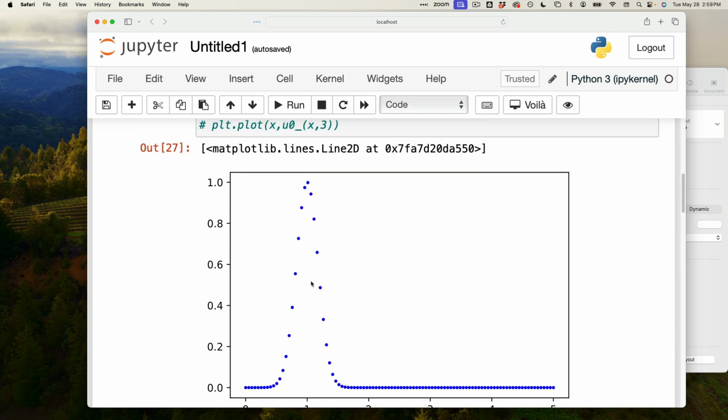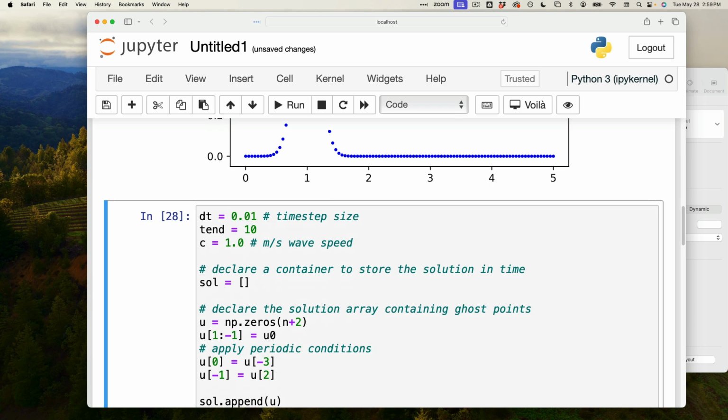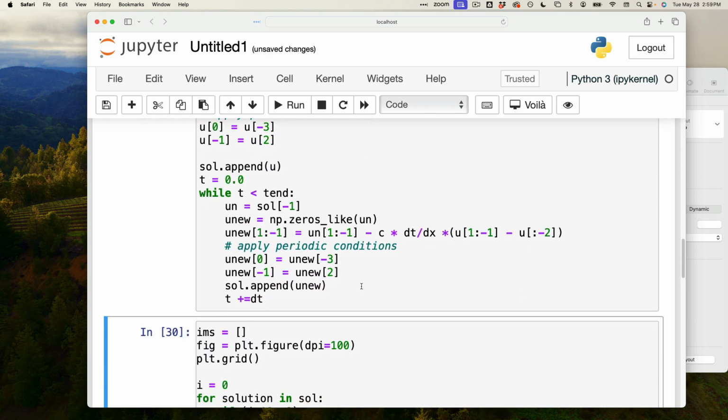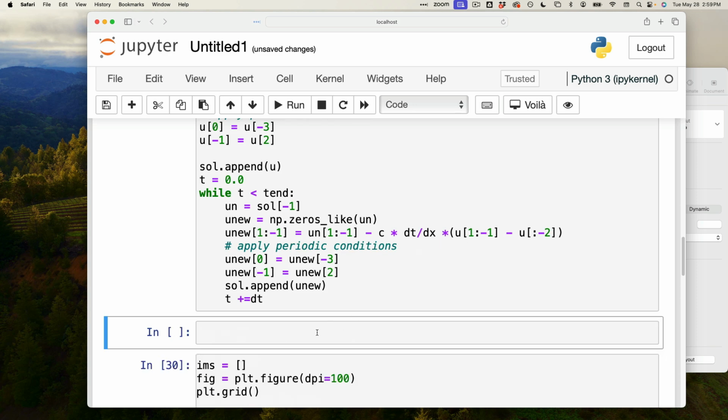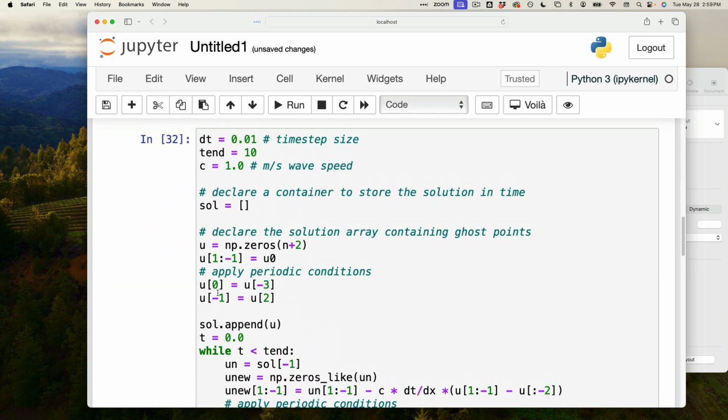U0. Hold on. Okay, minus c dt over delta x. Okay, and then plot, sol minus 1. Okay, so indeed, this is still problematic.